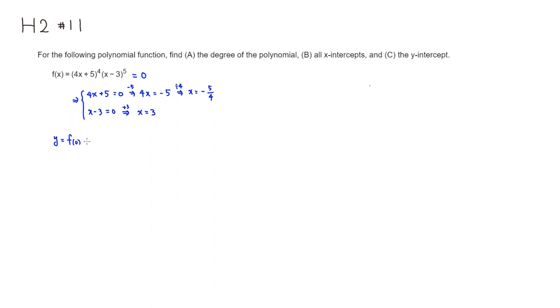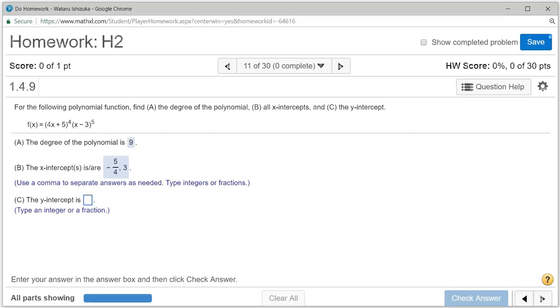If you plug in 0, you're going to get 0 plus 5, so it's going to be 5 to the fourth power, times, if you plug in 0 here, negative 3 to the fifth power. We got that. Let's see if the system likes the answer just like that.